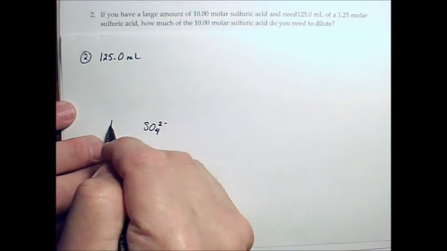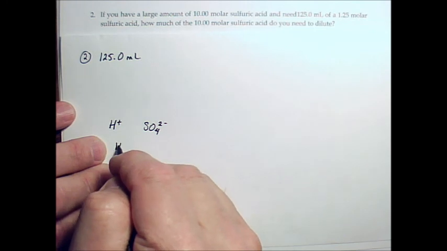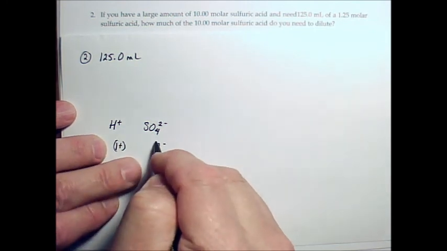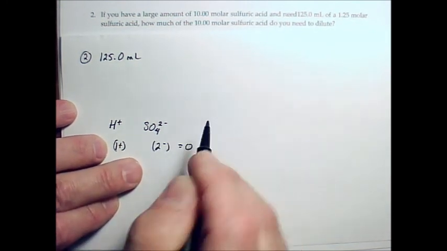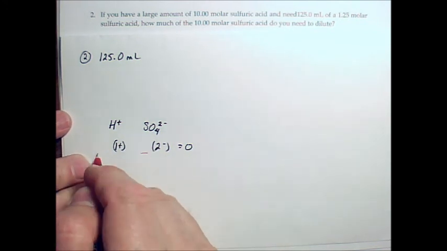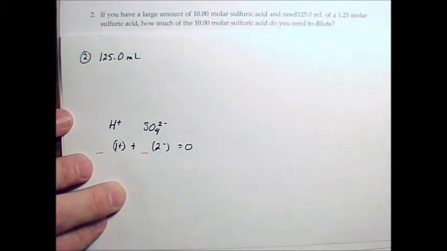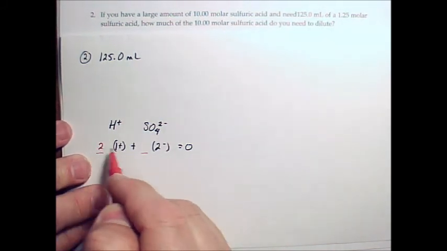If it's an acid, you've got to have hydrogen ions attached to it. We have a 1+ charge on this hydrogen ion. We have a 2 negative charge on this sulfate. We need a formula that has a 0 charge overall. So we need coefficients in front of these that will give us a math problem that gives us that 0. So I need 2 of these and 1 of these.